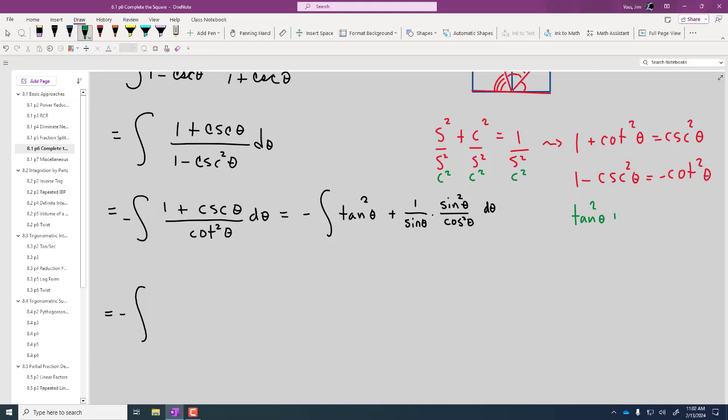Cosine squared over cosine squared is 1. 1 over cosine squared is secant squared. So you can subtract 1 from both sides here, and you're going to get tan squared of theta is secant squared minus 1. We can do that.